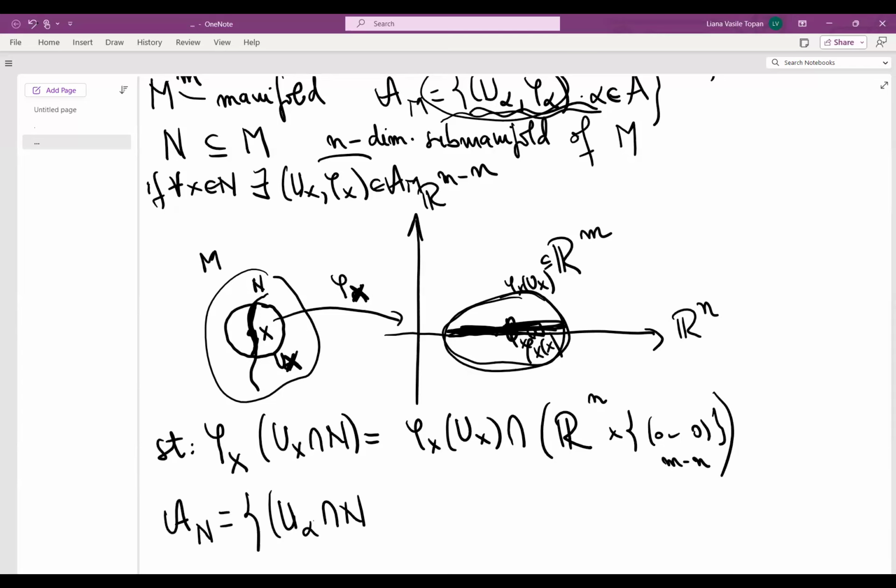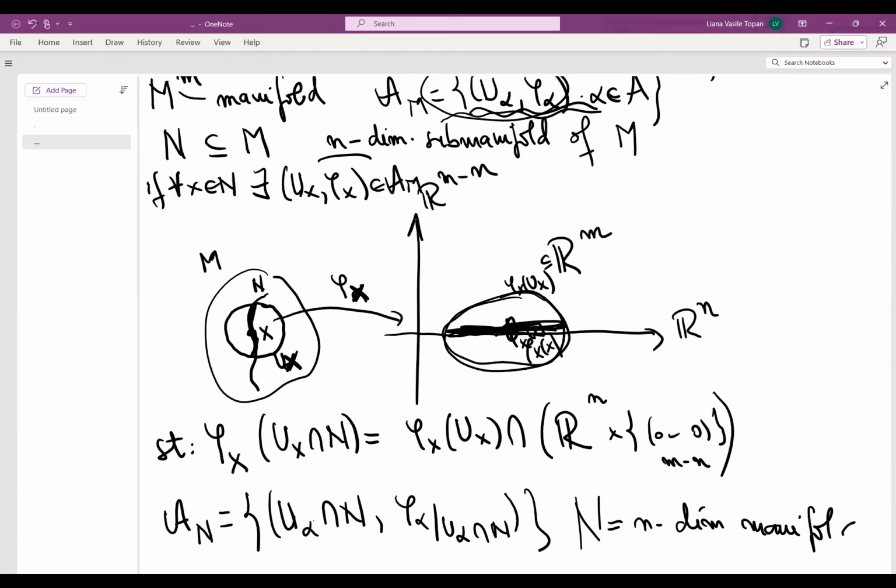I mean, you take every chart on M and you intersect it with N, and restrict the maps to U alpha intersect N. So this will be an atlas on N. So N will be an n-dimensional manifold itself, right?